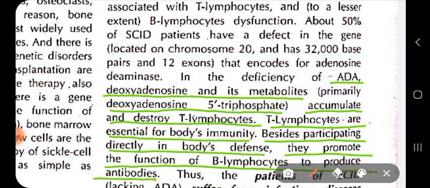Now, if T lymphocytes get damaged due to accumulation of deoxyadenosine and its metabolites like deoxyadenosine 5' triphosphate, which get collected within our lymph system and blood and destroy the T lymphocytes, then T lymphocytes will not activate the B lymphocytes. In this way, our cell mediated immunity becomes stopped.